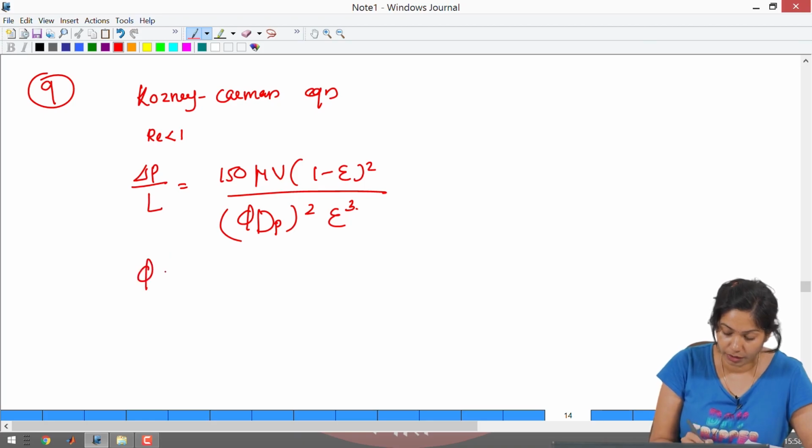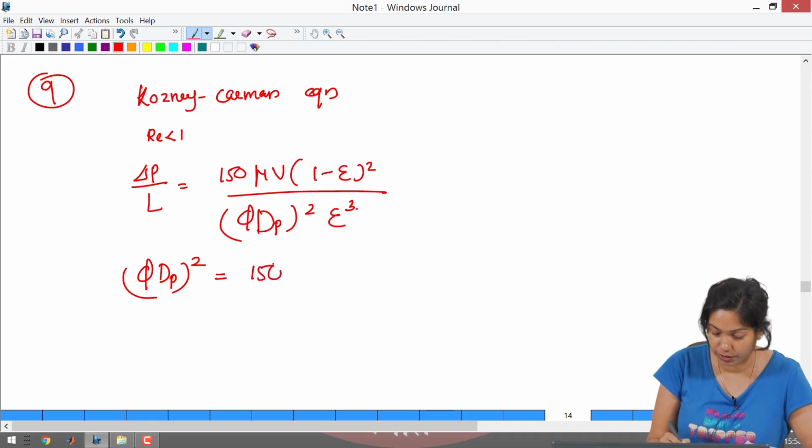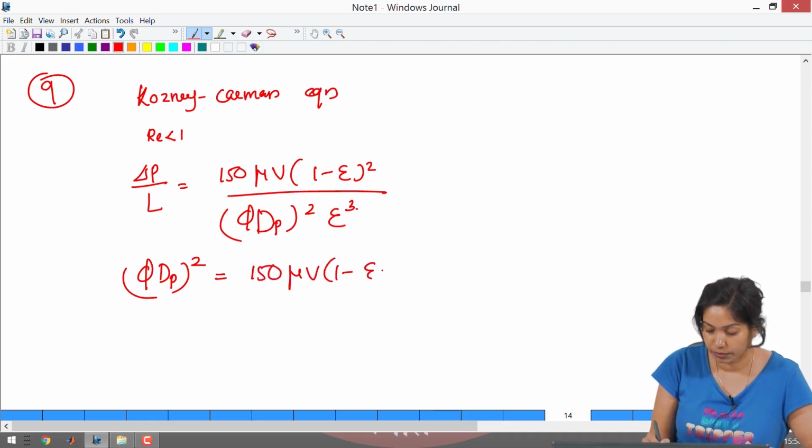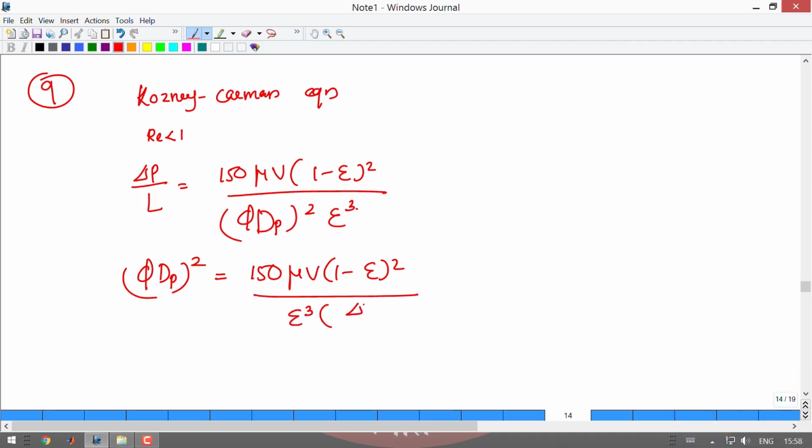If I take phi dP the whole square to the left hand side, we can rewrite the above expression as mu V into (1 minus epsilon) the whole square divided by epsilon cube into delta P by L. So, 150 into mu of air, which is 1.81 into 10 raised to minus 5 kilogram per meter second in SI units.